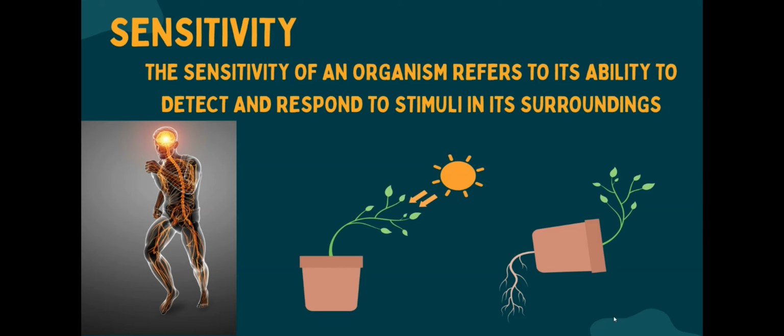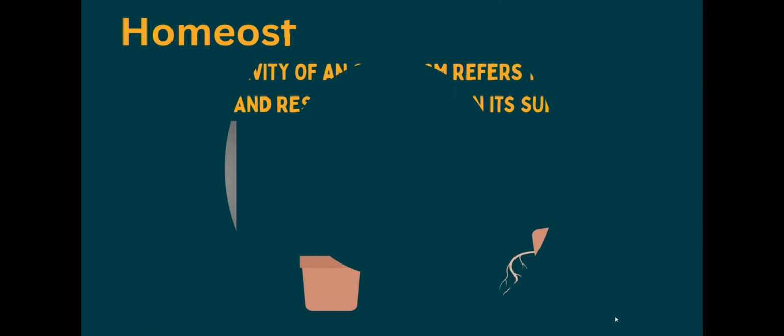Responding to light is called phototropism, where the plant moves toward the sunlight source, while responding to gravity is called geotropism, where only roots move toward the gravity, while stem and leaves grow away from the gravity. So phototropism and geotropism allow plants to respond to their environment. This is a kind of sensitivity to changes in the surroundings.